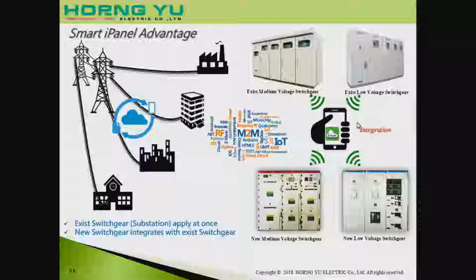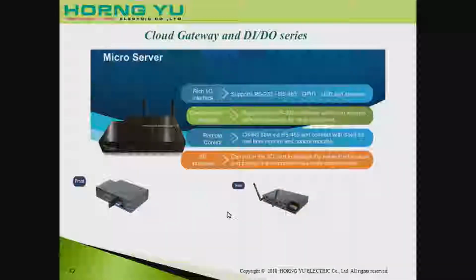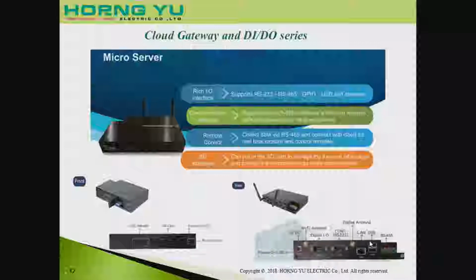Now, this kind of smart iPanel can retrofit existing panels from medium voltage and low voltage, and also new panels following the standards IEC 62271-200 and 61439-1 and 2 for the low voltage panel. Inside the panel we will install the gateway. This is the gateway's outer shape, this is the front side, and this is the back side.